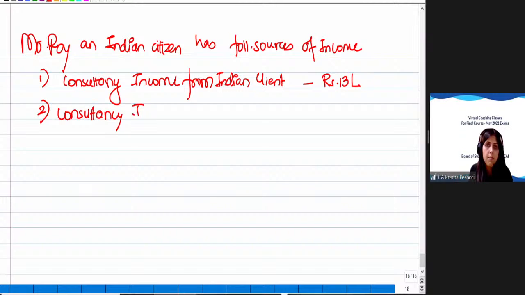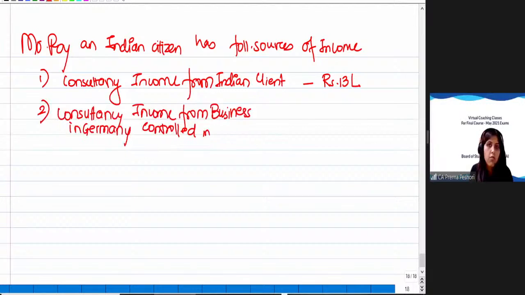Consultancy income from business in Germany controlled in India.